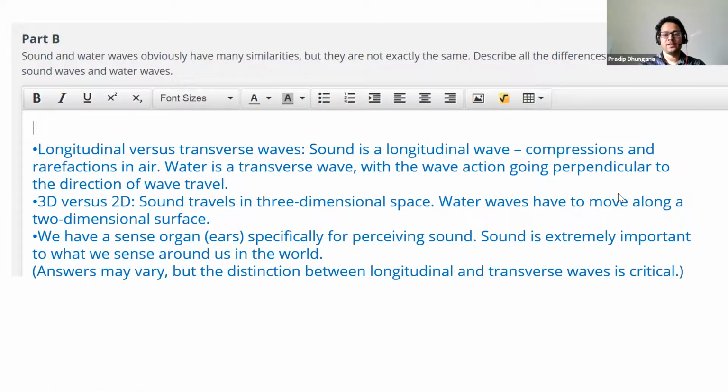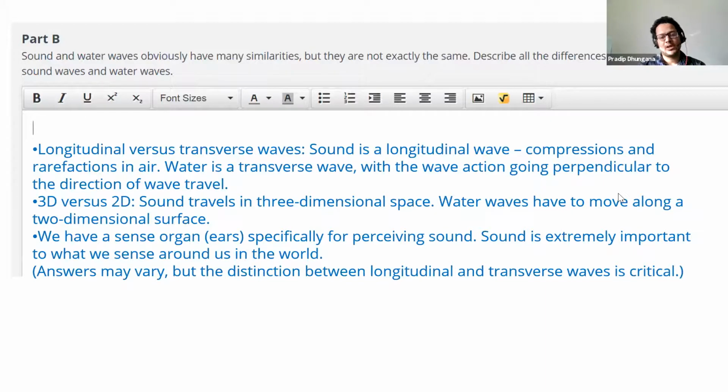In the case of transverse waves, when water travels, the particles of the medium move perpendicular to the wave direction. You can also think in terms of 3D and 2D. That means sound travels in 3 dimensions, water travels in 2 dimensions.